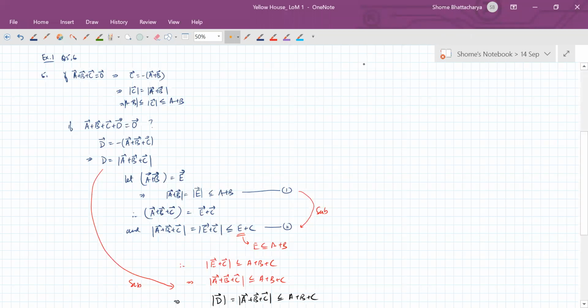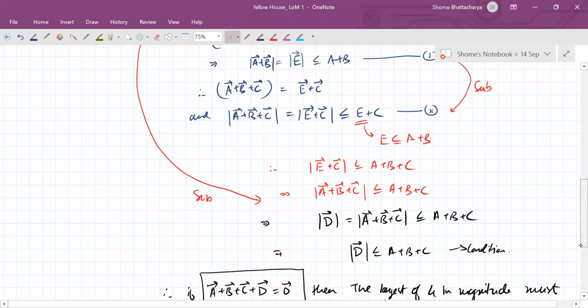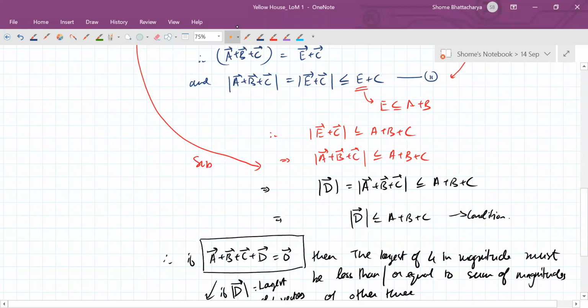Yes, it can be equal to also. But if it's equal to, they will not be forming a polygon. They'll be forming, I mean, it will be along a line. So I'll explain the geometrical meaning of these also. Okay. But first make sure this whole logic is clear.